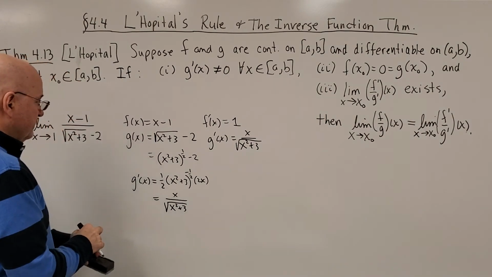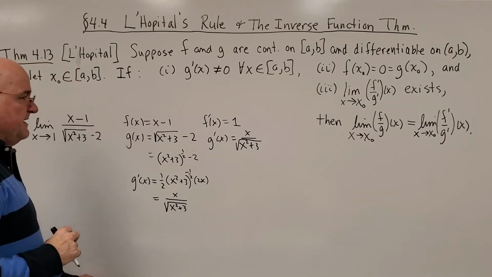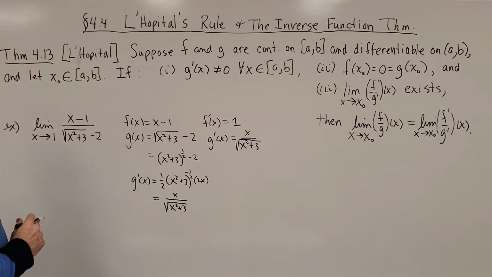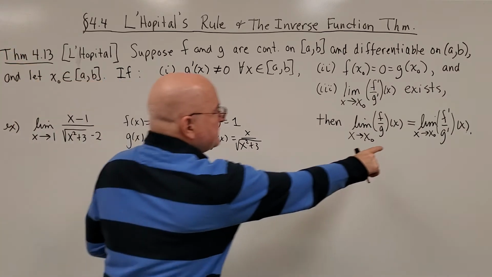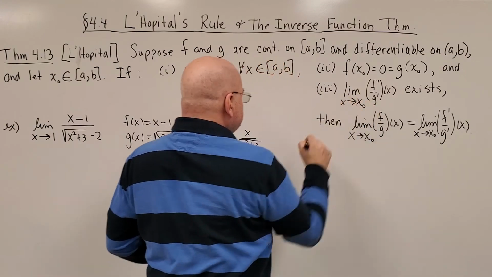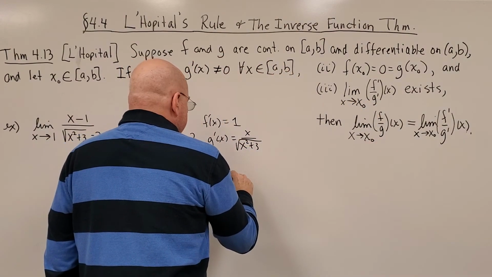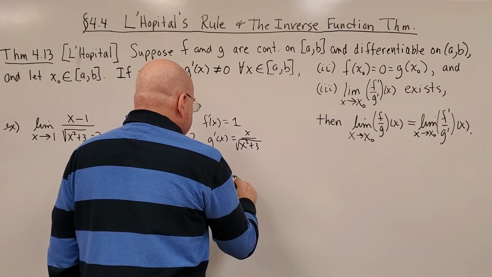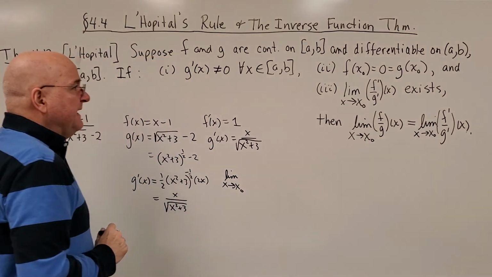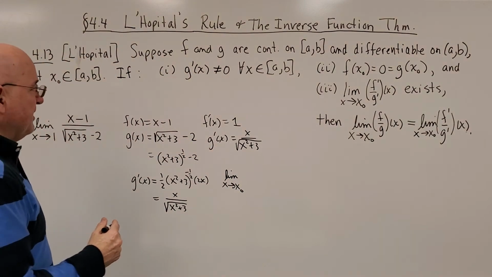So let's see if this limit exists. The limit as x goes to x naught of f prime of x over g prime of x.